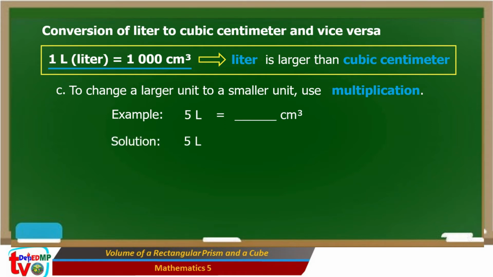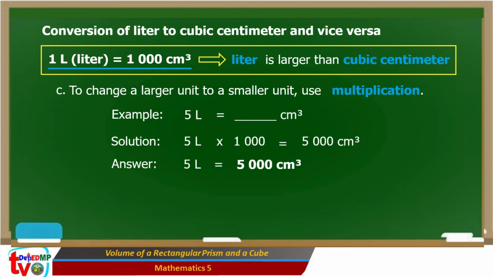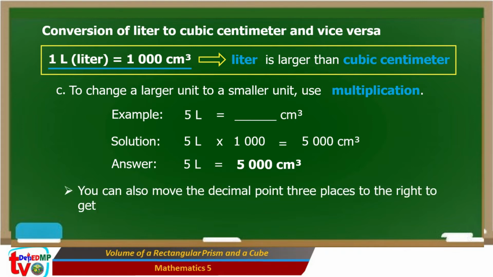Solution, 5 liters times 1,000 equals 5,000 cubic centimeters. Answer, 5 liters equals 5,000 cubic centimeters. You can also move the decimal point 3 places to the right to get 5,000 cubic centimeters.